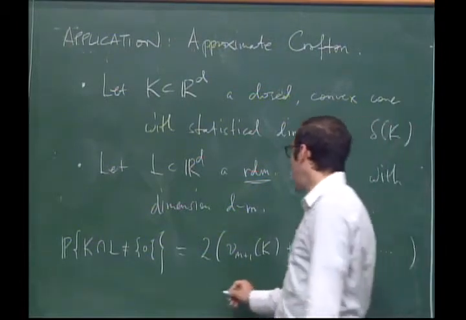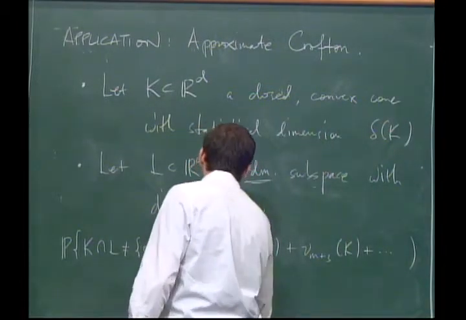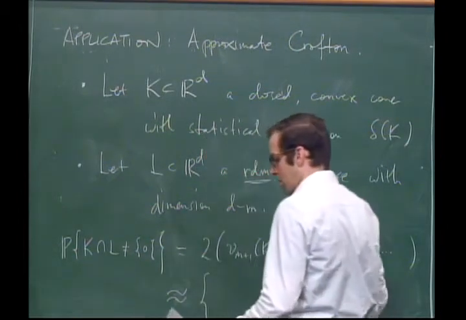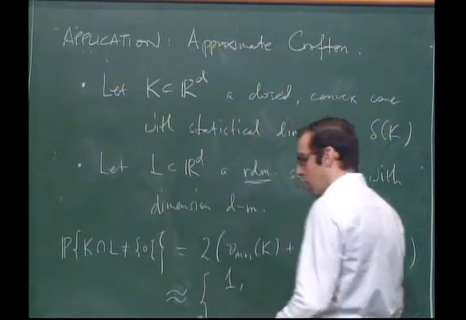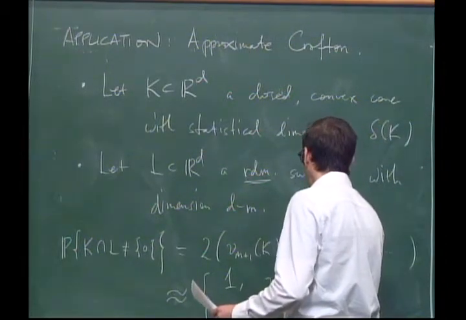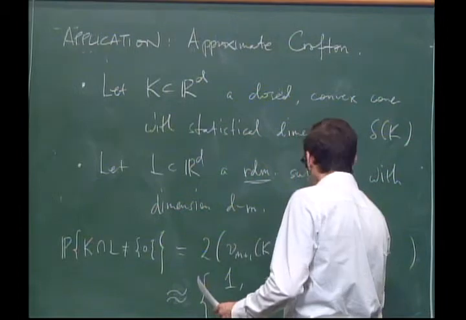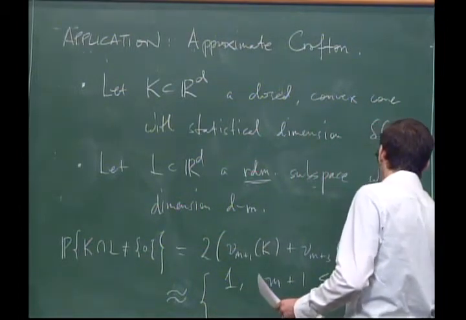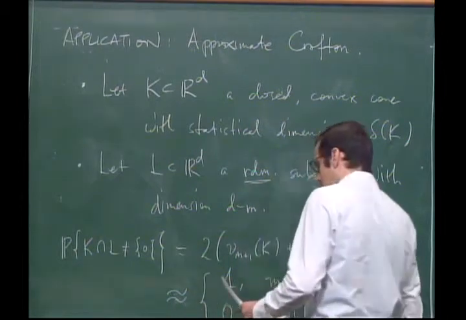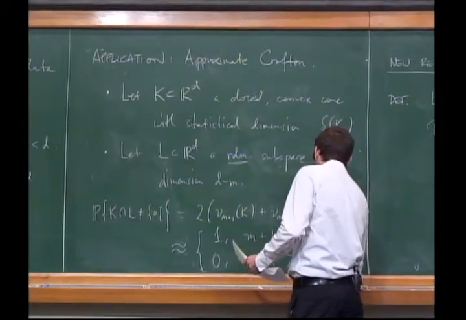So there are only two possibilities, really. You get all the mass, this is equal to 1, if m plus 1 is smaller than the statistical dimension, and you get 0 if m plus 1 is bigger than the statistical dimension.